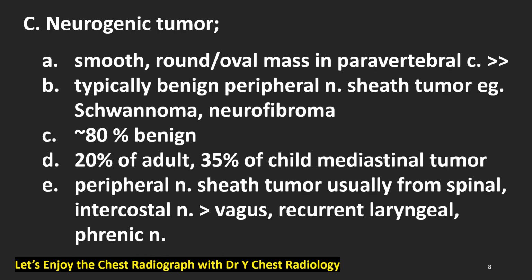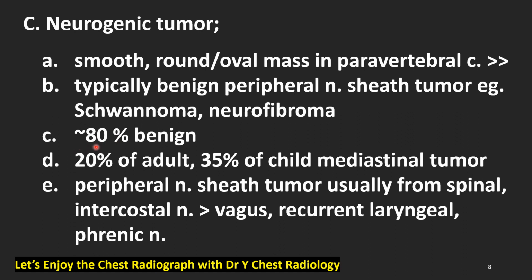Let's preview some facts about the neurogenic tumor. A. Neurogenic tumors are smooth, round to oval masses in the paravertebral compartment. The most common feature is like that. B. Typically benign peripheral nerve sheath tumor, for example schwannoma and neurofibroma.